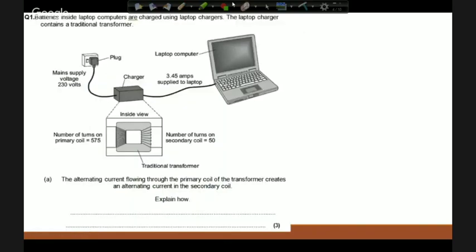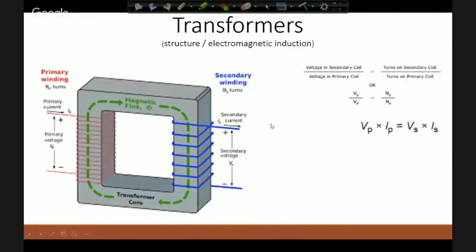Now, if we look at this transformer, what's the science behind it? A transformer transfers energy through electromagnetic induction. Electromagnetic induction is the process of inducing voltage in a conductor.